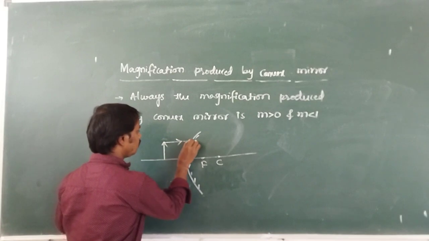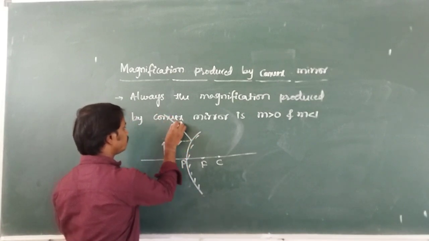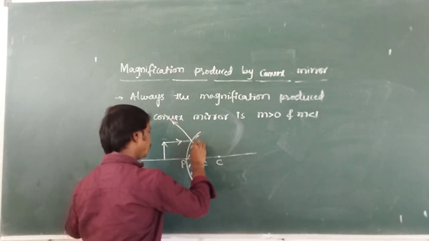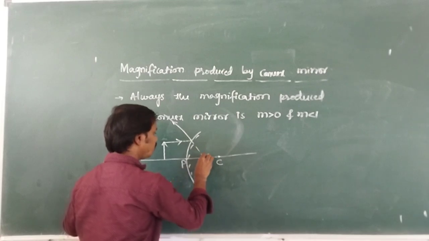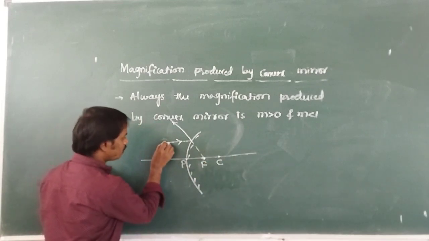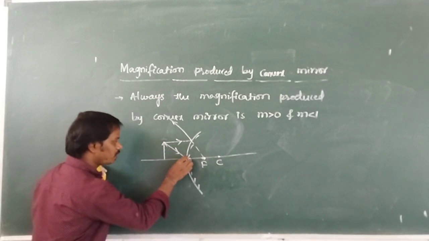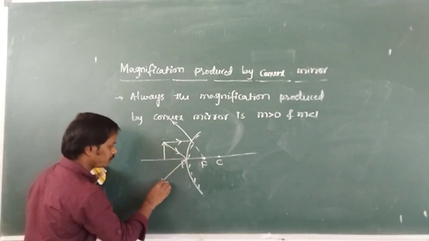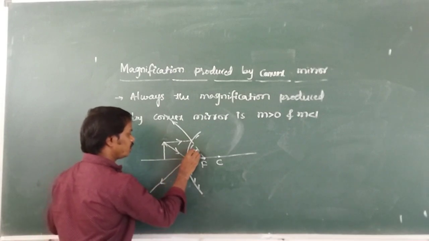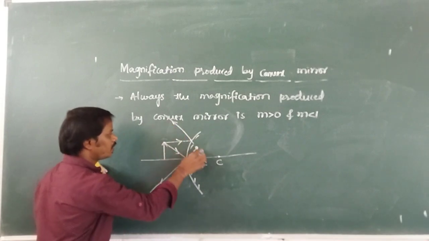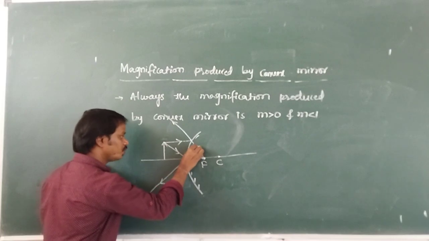Then the light undergoes reflection. This reflected ray appears to have come from a point, that point is called the focus. And one more incident ray is incident at the pole obliquely and it reflects obliquely. I will extend this reflected ray.